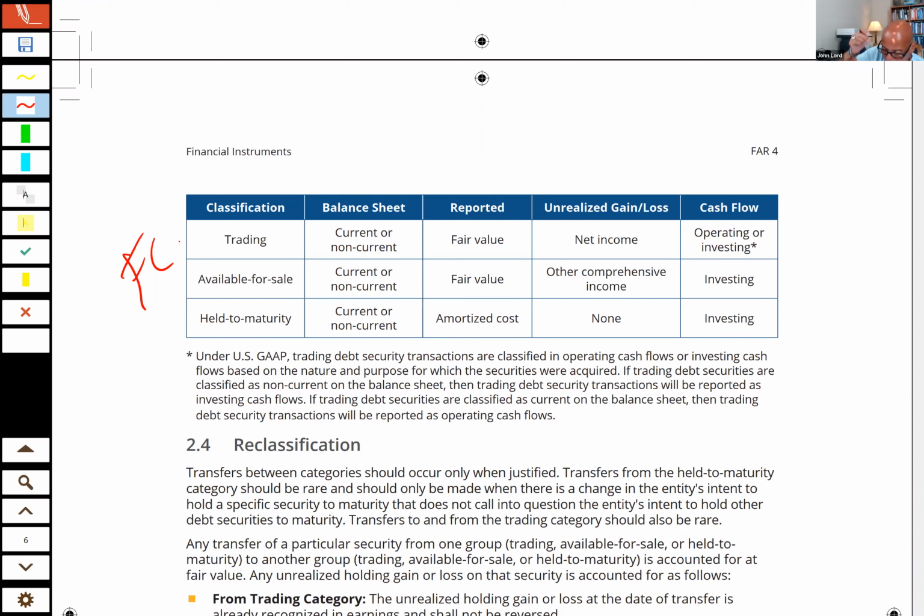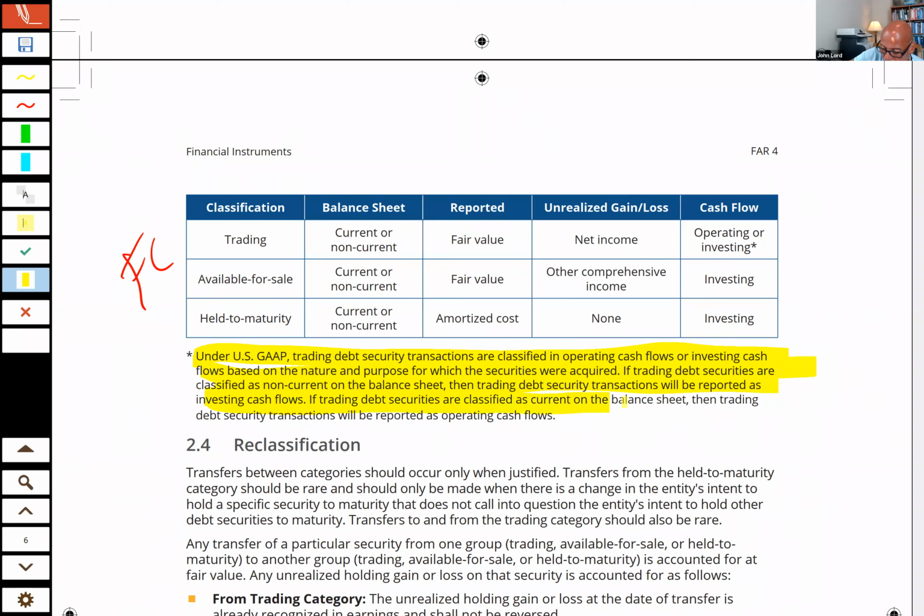Okay. And you can see here that when we're dealing with trading debt securities, they're classified in operating or investing based on the nature of the purpose for which the security was acquired. If trading debt securities are classified as non-current on the balance sheet, then that trading debt transaction will be reported as investing cash flows.